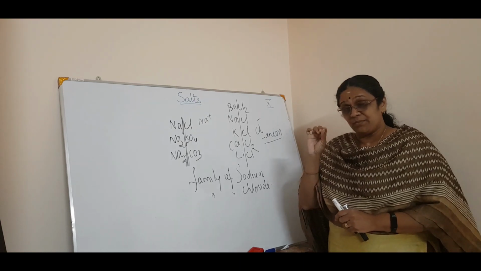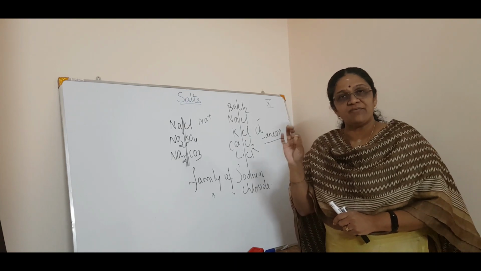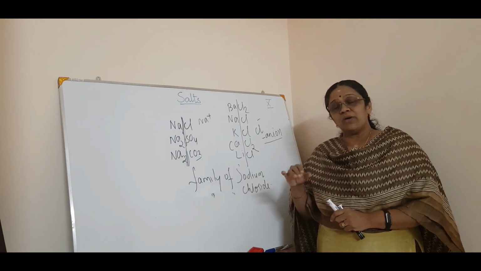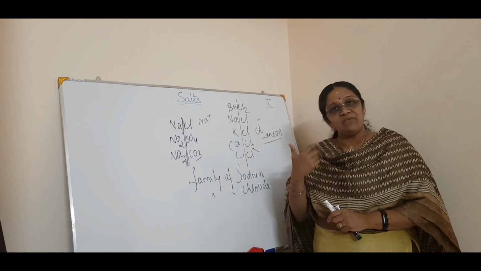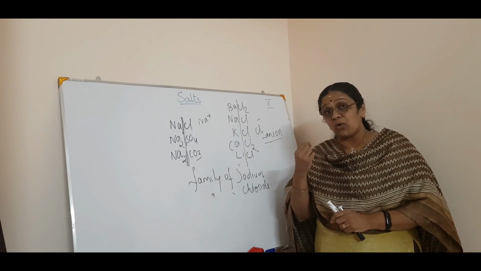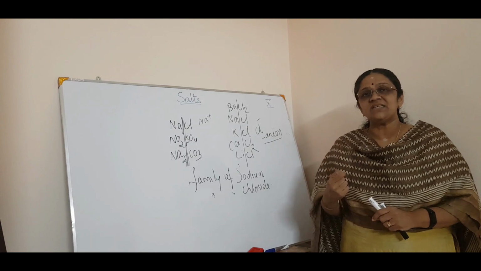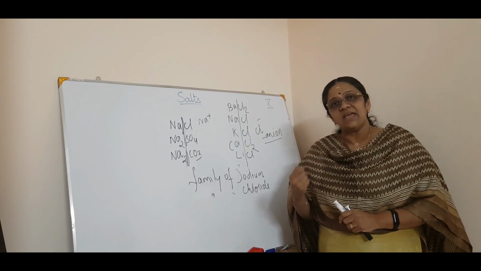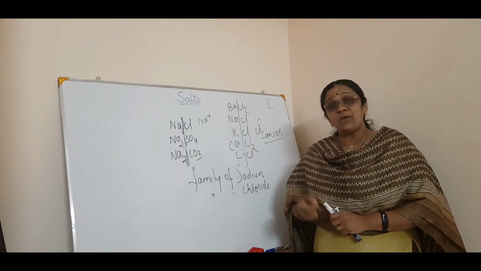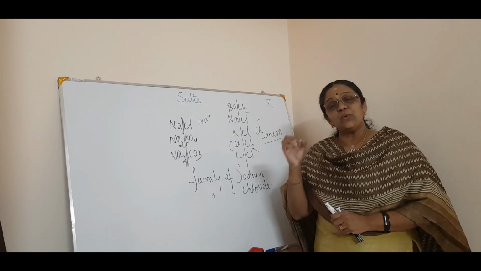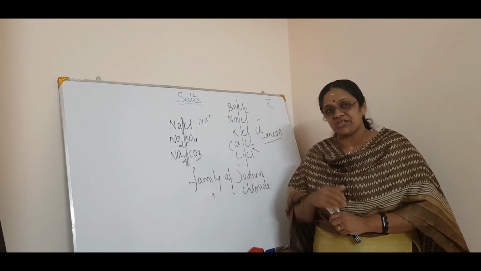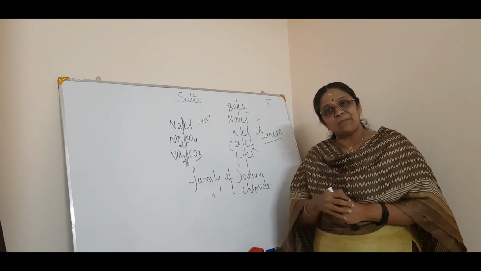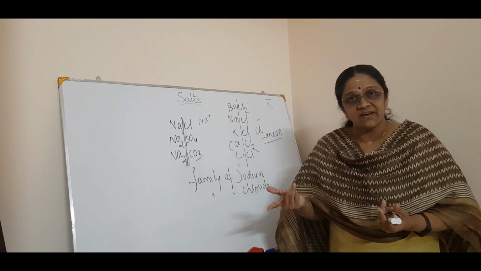So please make sure that you are writing the chemical formula right. Even if somebody does not know the chemical formula, just tell me, I will help you. Because I always say that without balancing, you cannot write a chemical formula, and without a chemical formula, you cannot write a balanced chemical equation, and without a balanced chemical equation, chemistry is nothing.